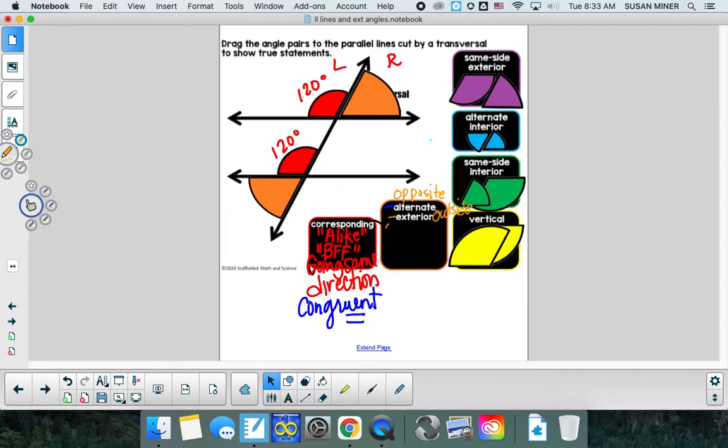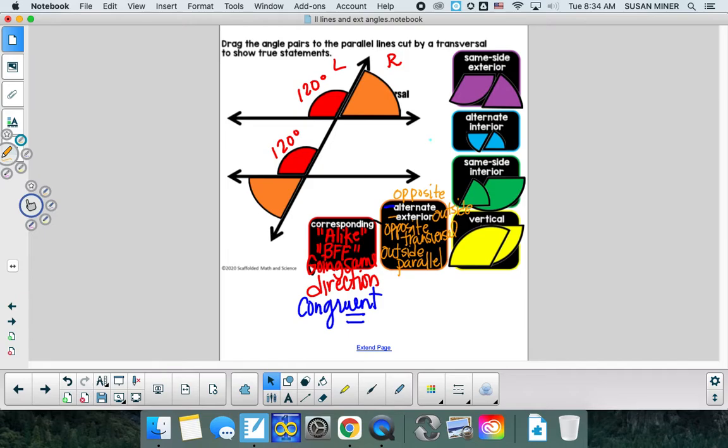So opposite sides of the transversal, and then outside the parallel lines. So part of the name refers to the transversal, and part of the name refers to the parallel lines.